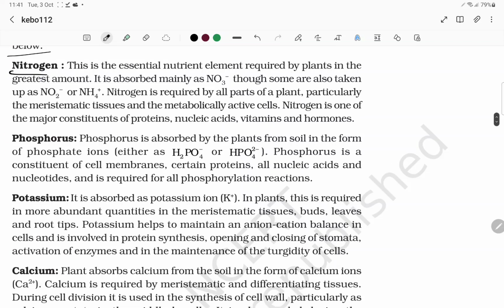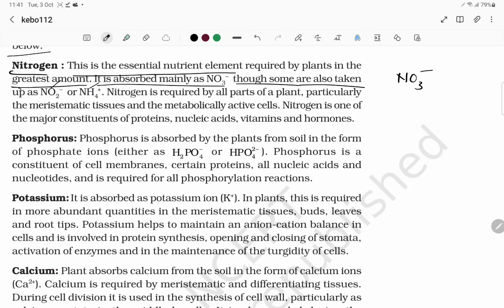The very first thing is nitrogen. This is the essential nutrient element required by plants in the greatest amount. It is absorbed as nitrates, though some is also taken as ammonium ions.